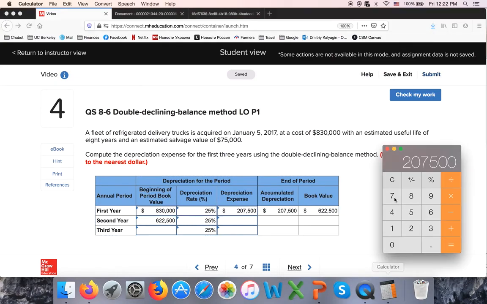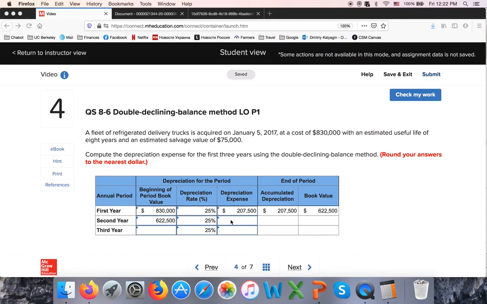Let me show you with the calculator. 622,500 multiplied by 25% gives me the depreciation expense of 155,625.